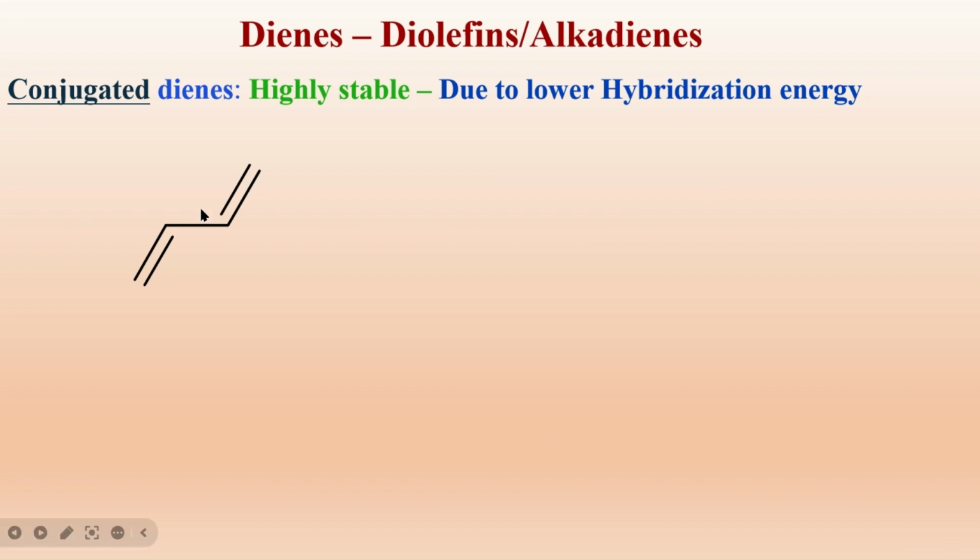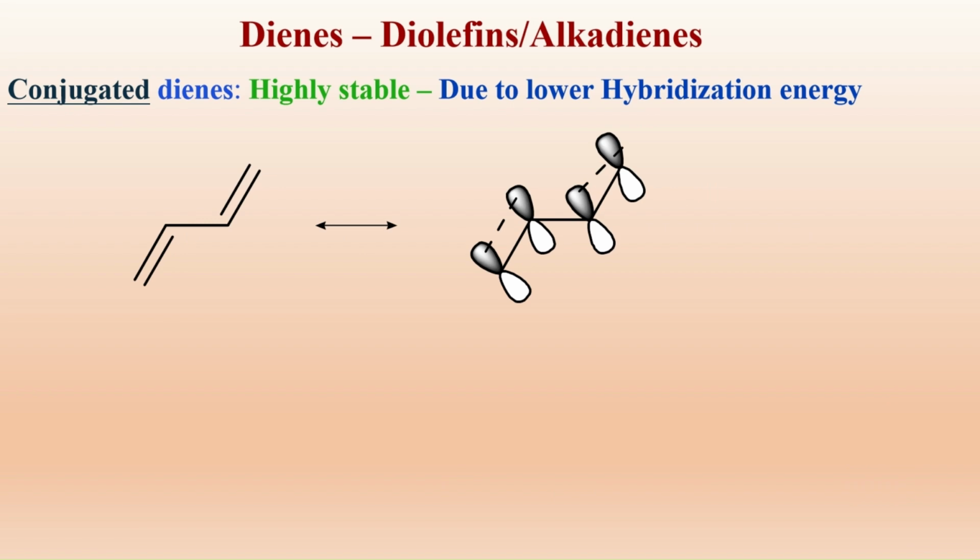In conjugated dienes, we have two double bonds separated by a single bond over here. The pi bond is formed because of the overlap of the p orbitals, or the p electrons.